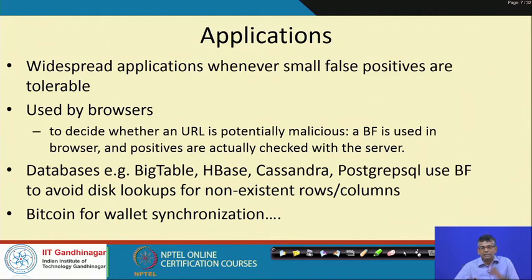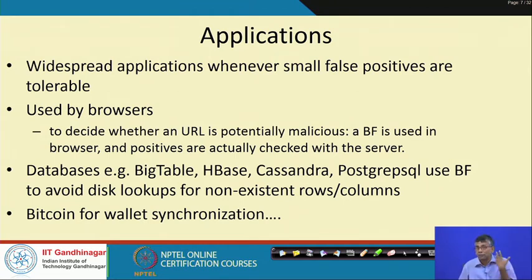Well, what it does is that it creates a Bloom filter of the malicious URLs that it has, and it ships it to each of the clients. Your machine potentially has one of these Bloom filters. So, when you type this URL, it is checked against this client side Bloom filter. Now, if the client side Bloom filter says no, that this is not malicious, then you can just go ahead.